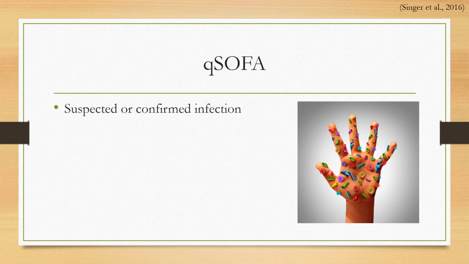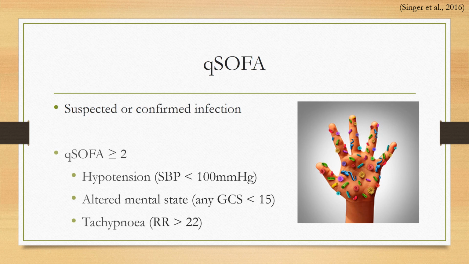Like a normal SOFA score, a patient must have a suspected or confirmed infection. The patient must also have a qSOFA score equal to or greater than 2, and that is scored by the patient being hypotensive, defined as a systolic blood pressure of less than 100, having an altered mental state, which is having a GCS of less than 15, and being tachypneic, which is defined as having a respiratory rate of greater than 22.